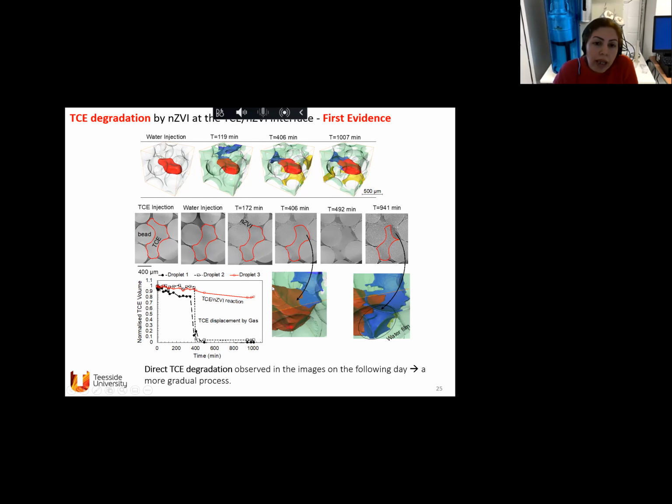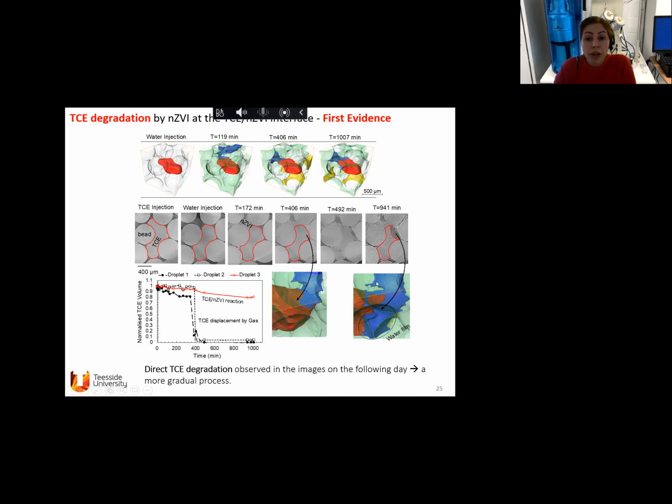So for this case, you can see that this decrease in the volume of TCE is a lot more gradual. Here it's about 13% reduction over 1 day. But nevertheless, it is happening. And that's the target of this technology. It wants to target remaining droplets that are trapped, and it wants to degrade them. And that's what is happening here.